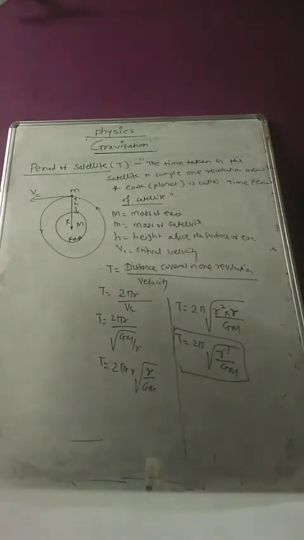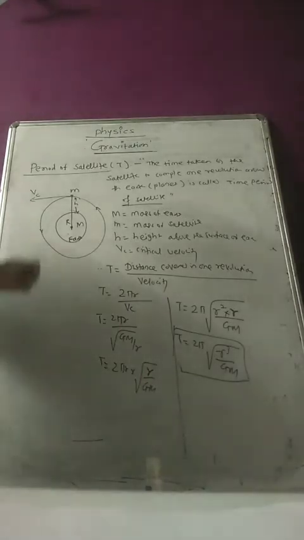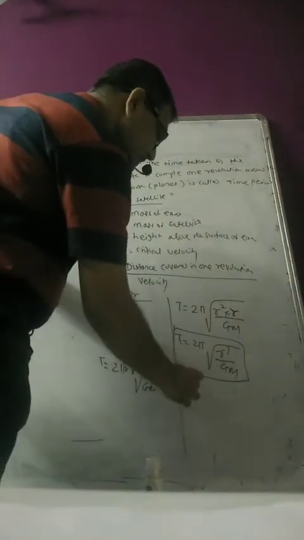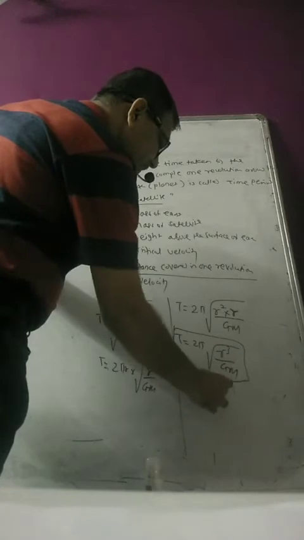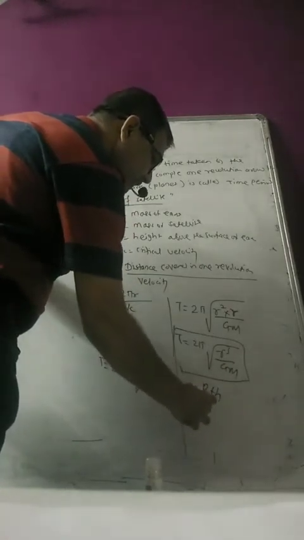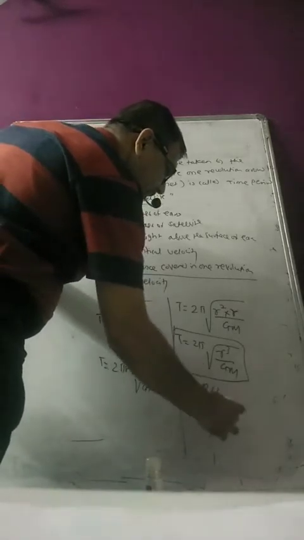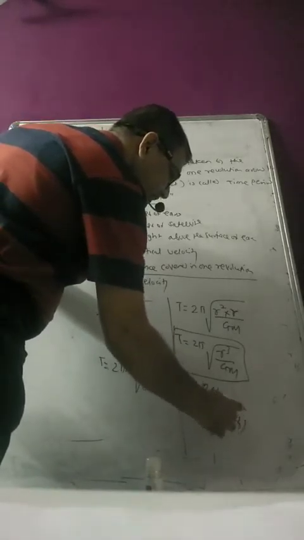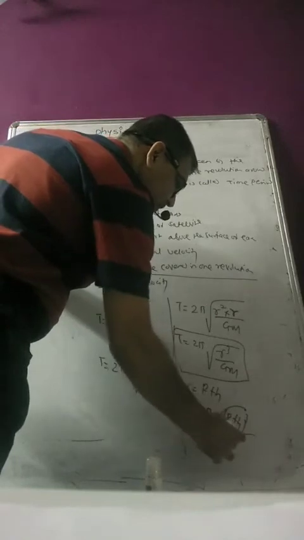If I put the value of r, that is R plus h, where R plus h is the radius of the orbit of that satellite, the expression becomes time period equals 2 pi under root of (R plus h) cube upon GM.